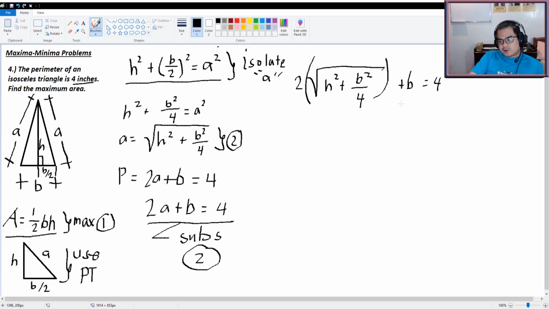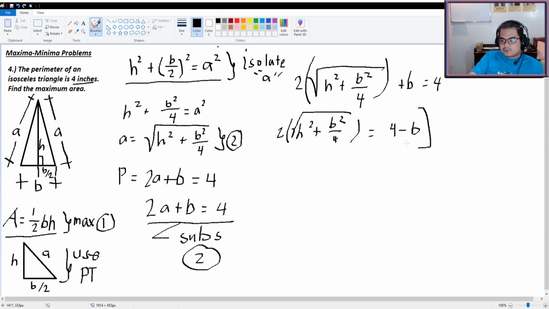So for a simpler method, just isolate this part. Okay, so isolating the square root, you have to transpose B. So transposing B, you'll have 2 times the square root of H squared plus B squared over 4, equal to 4 minus B.